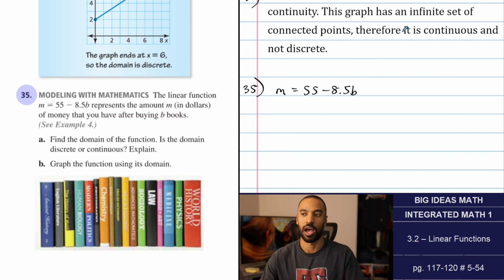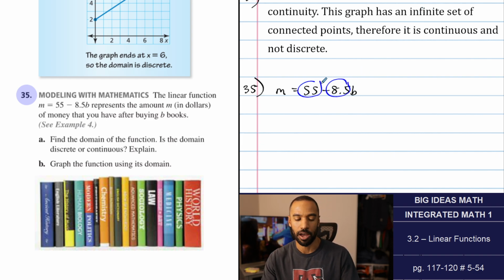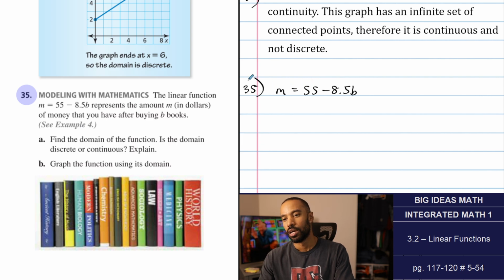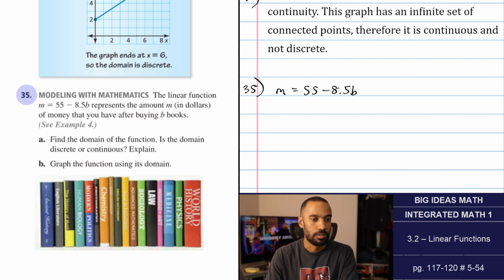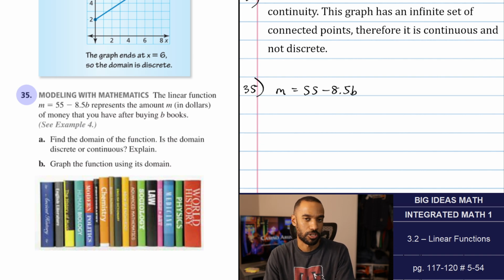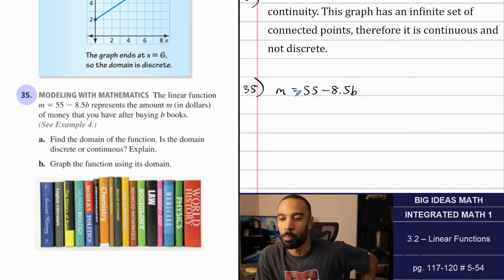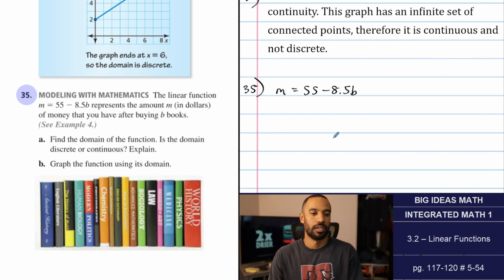In fact, you could argue that this is a version of an m and this is a version of a b for y equals mx plus b form, if this were y and this were x. They have different letters to indicate b books and m money. They probably should have put d for dollars, but m money. So money and books, okay?